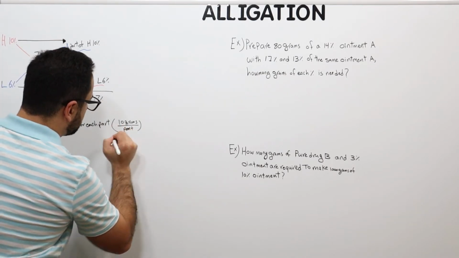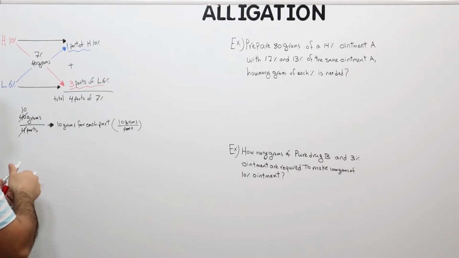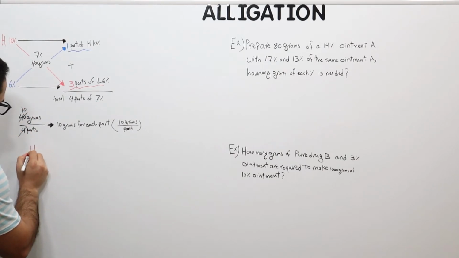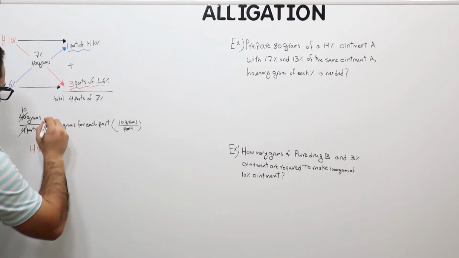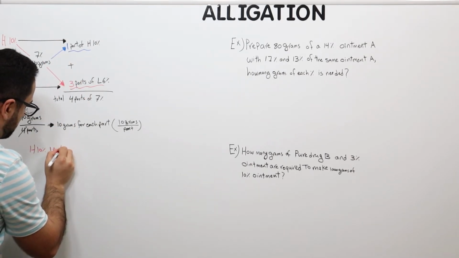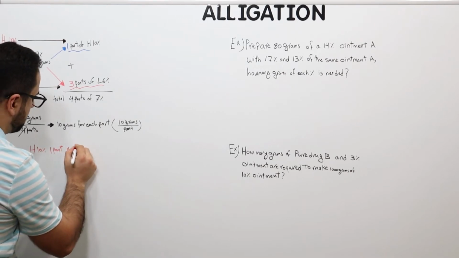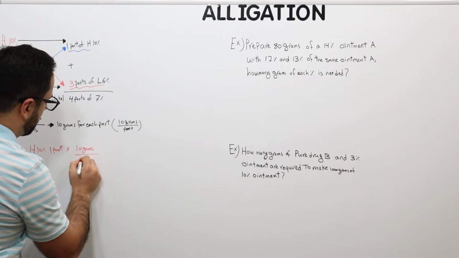So from the high concentration, high 10%, we have only one part. So one part times 10 grams per part.